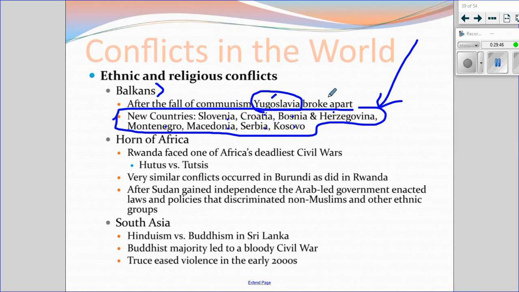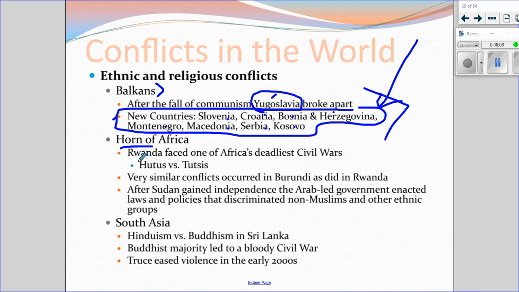There's going to be a lot of conflict amongst these groups. Especially you're going to see Serbs trying to carve out their own ethnic state. You're going to see ethnic cleansing and genocide, and so conflict in the Balkans at the end of the 20th century.